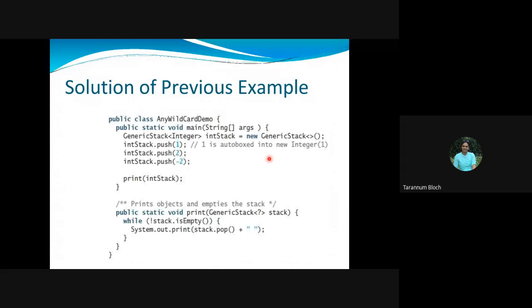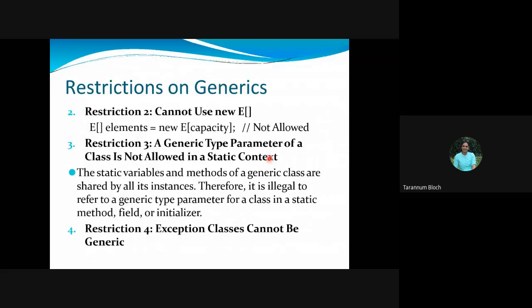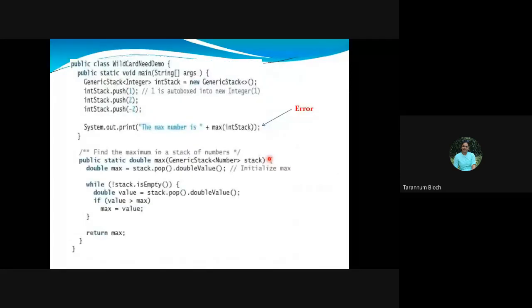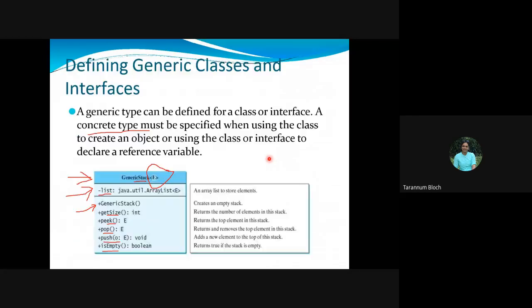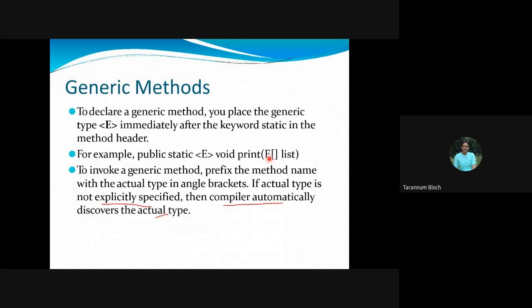Okay. So we still have two more topics remaining from the unit, which are erasure and restrictions on generics. We will be discussing this in the next lecture, as we are running out of time for today's lecture. So if we conclude today's lecture, what we learned is how we can go with generic methods, right?